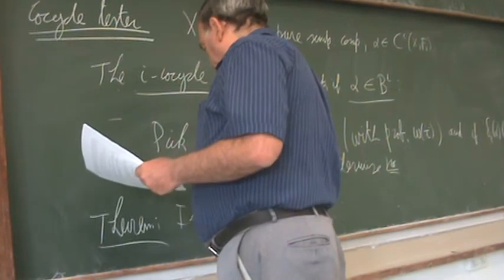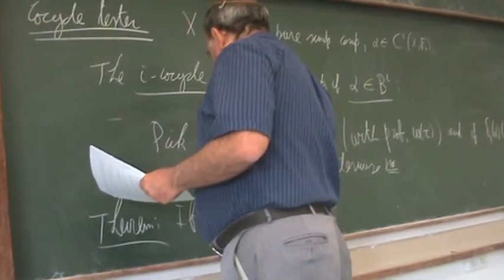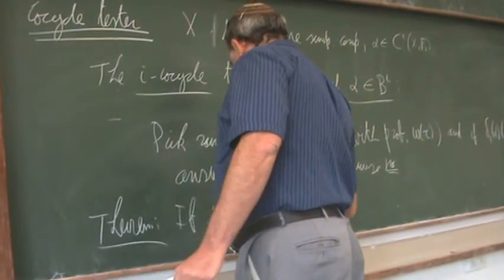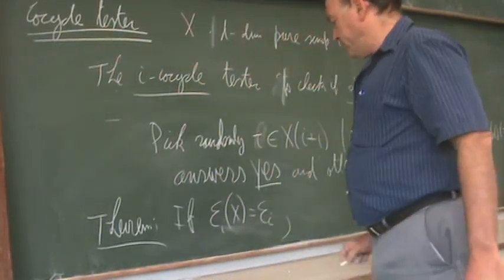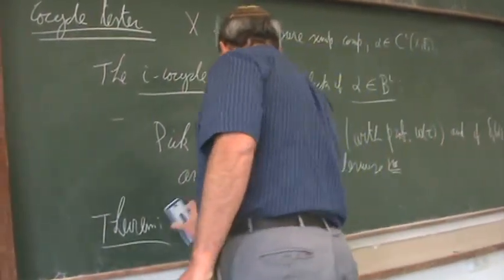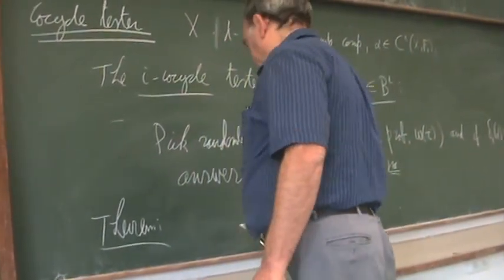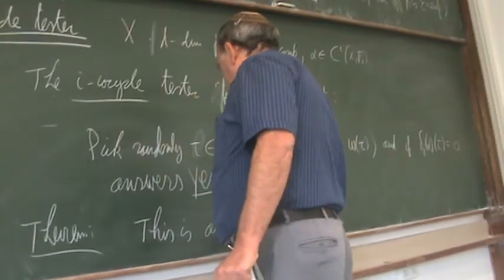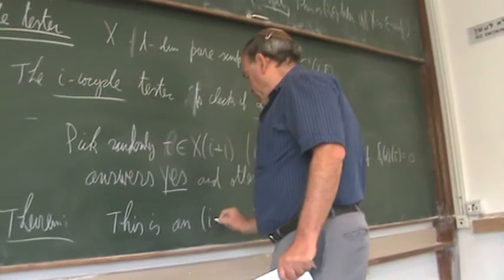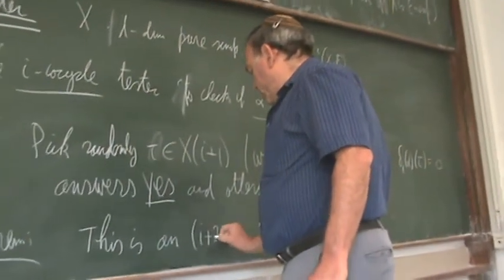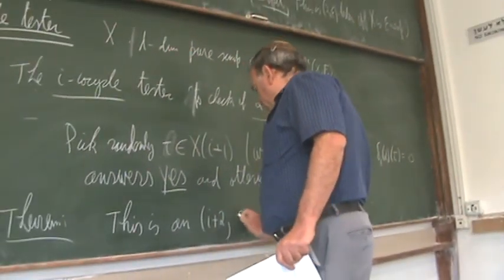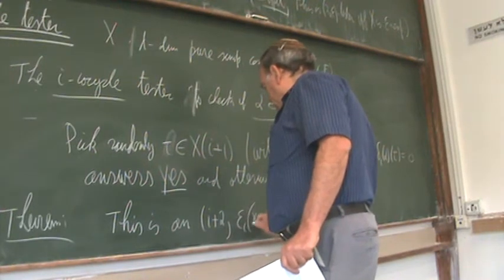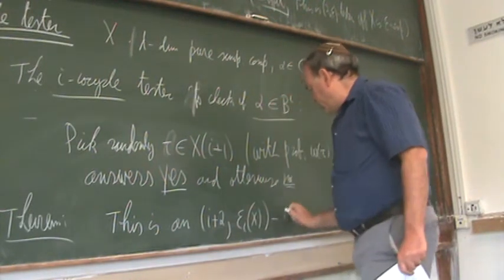This is the I plus 2 epsilon cocycle tester.